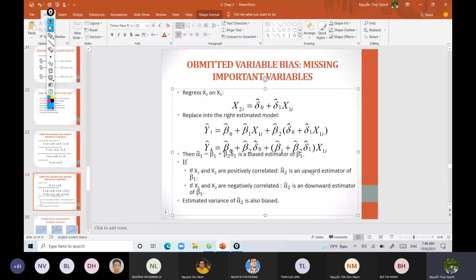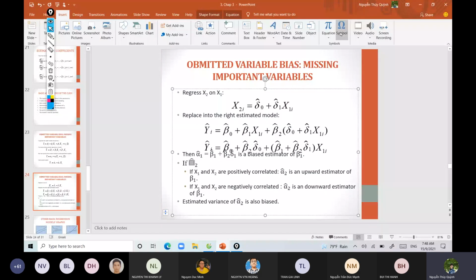Okay, so if beta 2 hat, wait a minute, if beta 2 hat, I make the case more clear here.